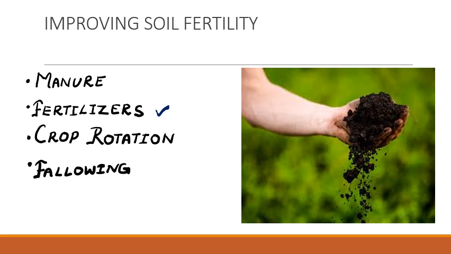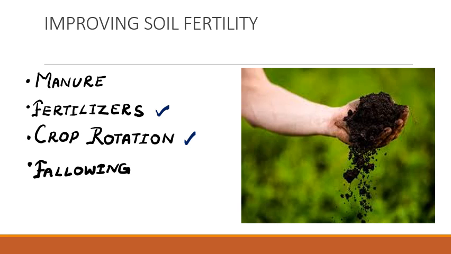Next measure is crop rotation. In this method, farmers are encouraged to grow pulses in between two cereal crops in the field. For example, they grow wheat in one season and legumes in the next season.